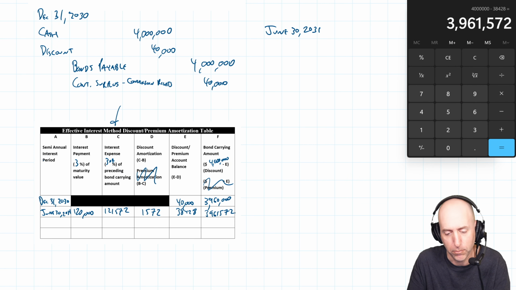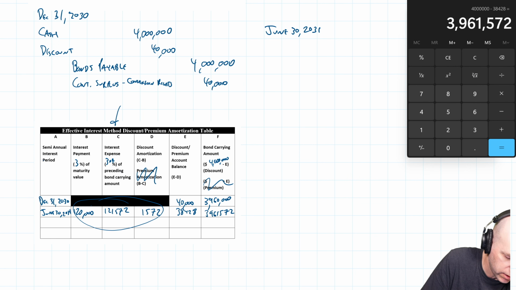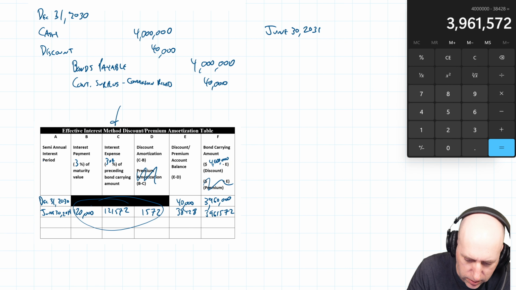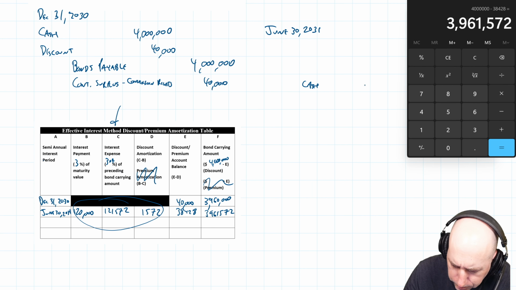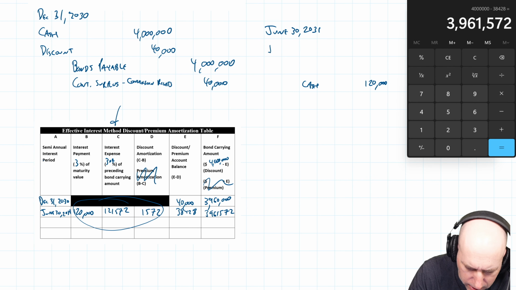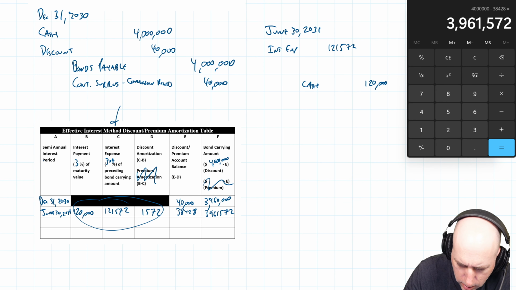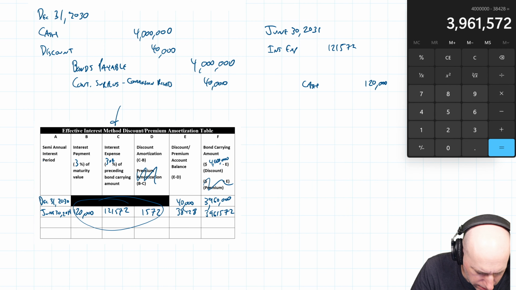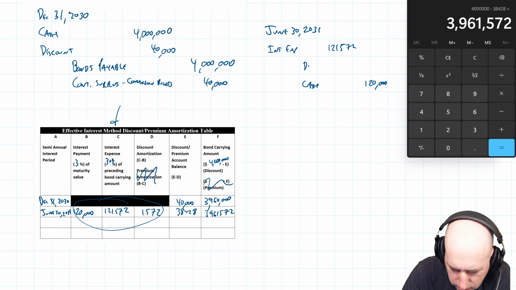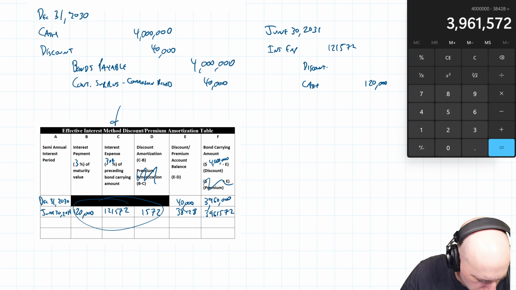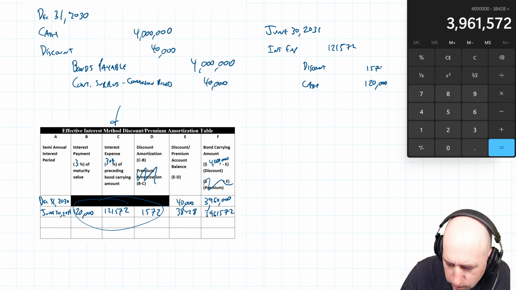And there's our table. The June 30th entry just falls out of the first 3 columns here. Our interest payment, credit cash, $120,000. Debit interest expense, $121,572. And the difference goes to discount amortization, which is just the discount. Credit our discount by $1,572.